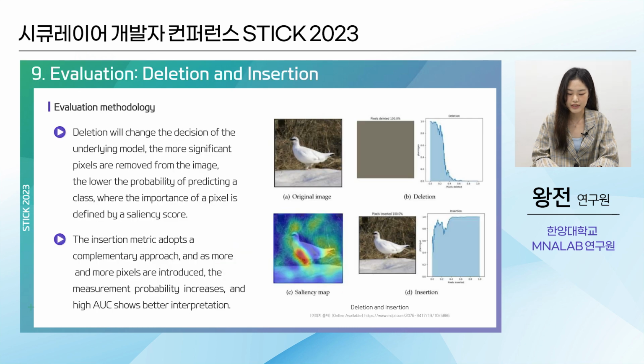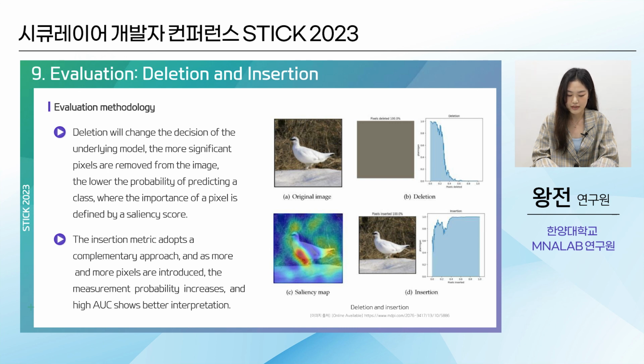And there are two types of evaluation metrics that can be applied here, namely deletion and insertion. The deletion metric changes the decision-making of the underlying model: the more important pixels are removed from the image, the lower the probability of the predicted category, where the importance of a pixel is defined by the saliency score. A sharp decline in the probability curve indicates a good explanation.